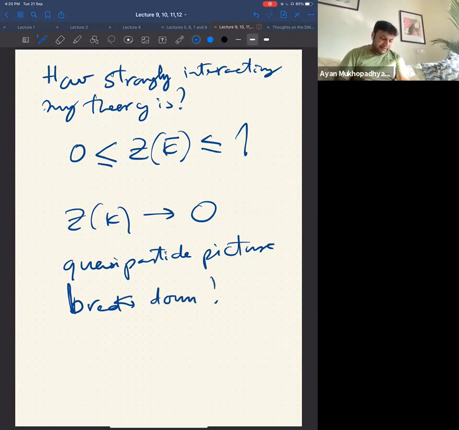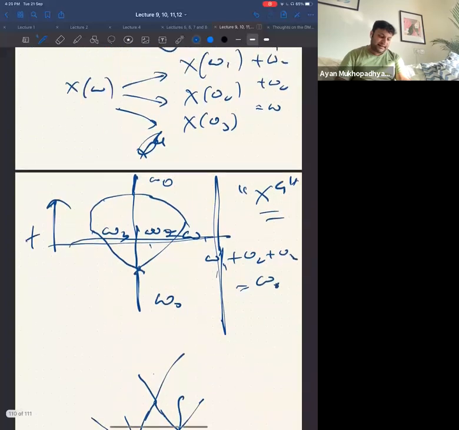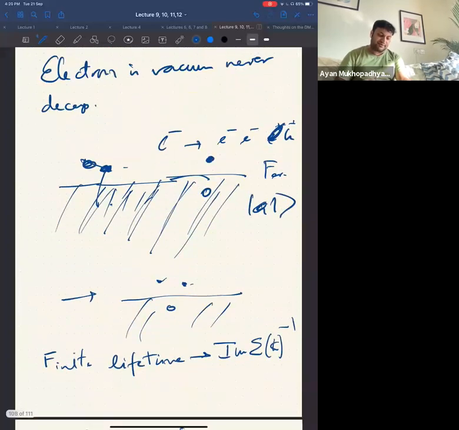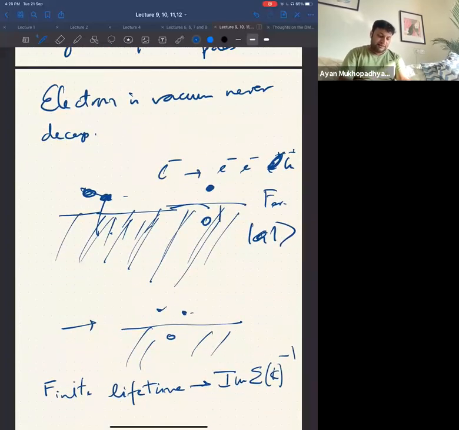Okay. And one of the interesting things is that as long as this quasi-particle picture is valid, you could actually describe the system as some kind of a Boltzmann equation. Like you can understand Fermi liquids and metals in terms of a Boltzmann equation of electrons and holes. And then this imaginary part is basically what you call, in the Boltzmann equation, the relaxation time.